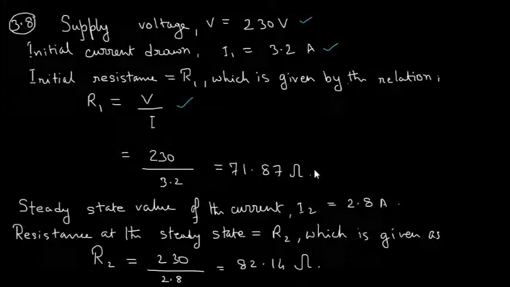Upon solving we get 71.87 ohm. Steady state value of the current I2 is equal to 2.8 A. Resistance at the steady state R2 is given as R2 is equal to 230 upon 2.8, that is 82.14 ohm.